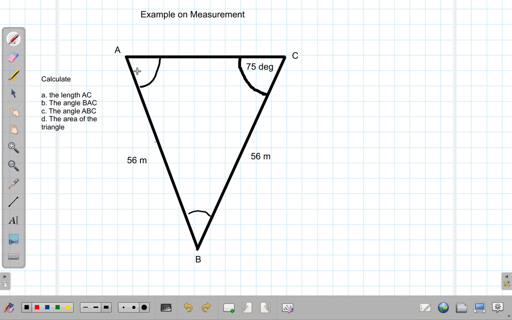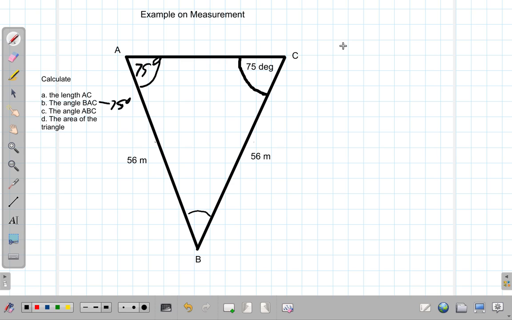So BAC is 75 degrees. You can see that, isosceles. We found that. We can find the angle ABC, this angle here, even before we find AC.